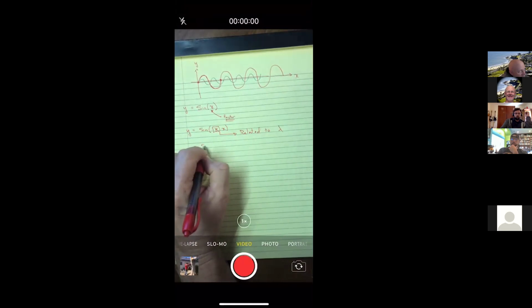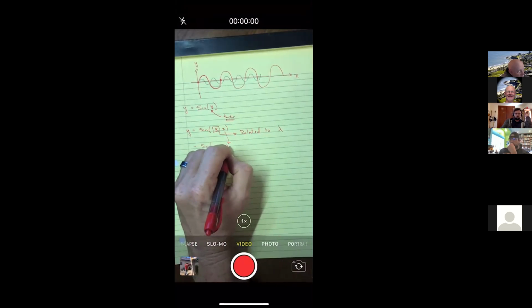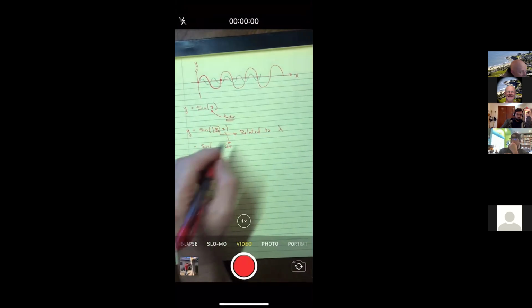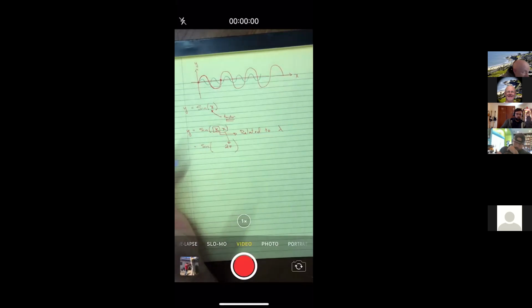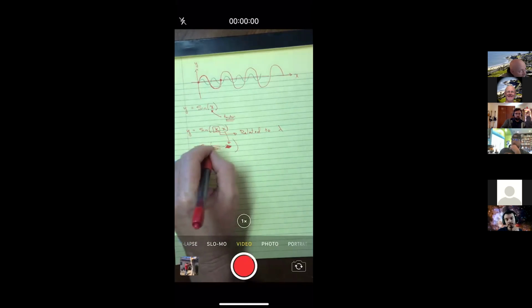So if you want this to be one wavelength, so in other words, for x, you're going to put in 2 pi, and you want this whole thing to come out. I'm sorry, I said that terribly wrong. Let me try that again.